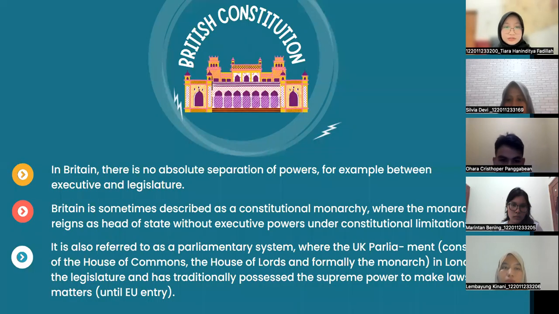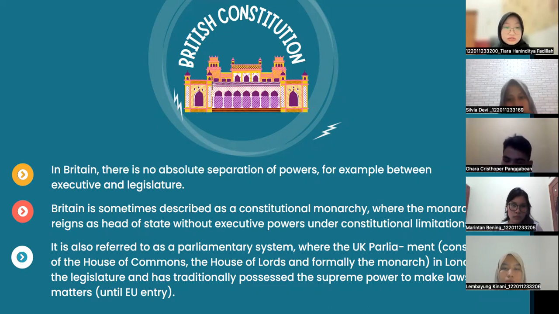So next we are going to talk about the British Constitution. In Britain, there is no absolute separation of powers, for example, between the executive and the legislature. Britain is sometimes described as a constitutional monarchy, where the monarch reigns as head of state without executive powers under constitutional limitations.